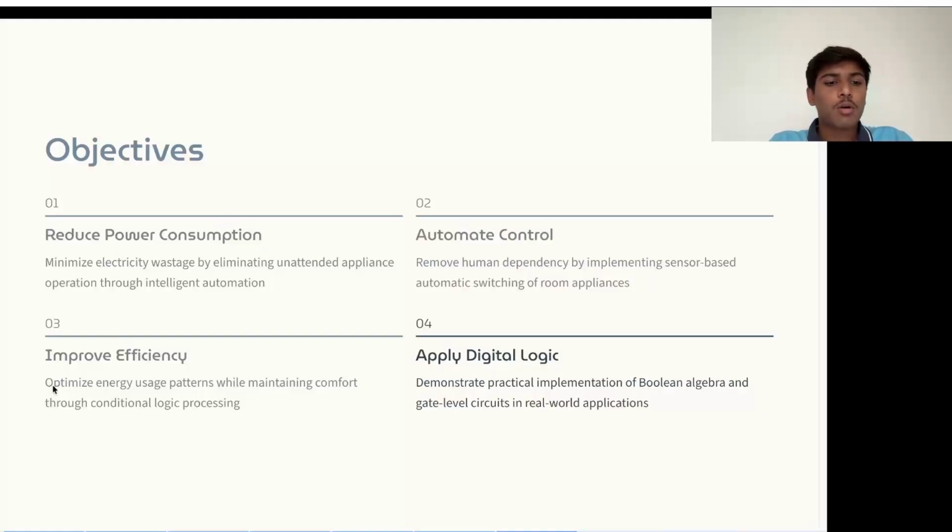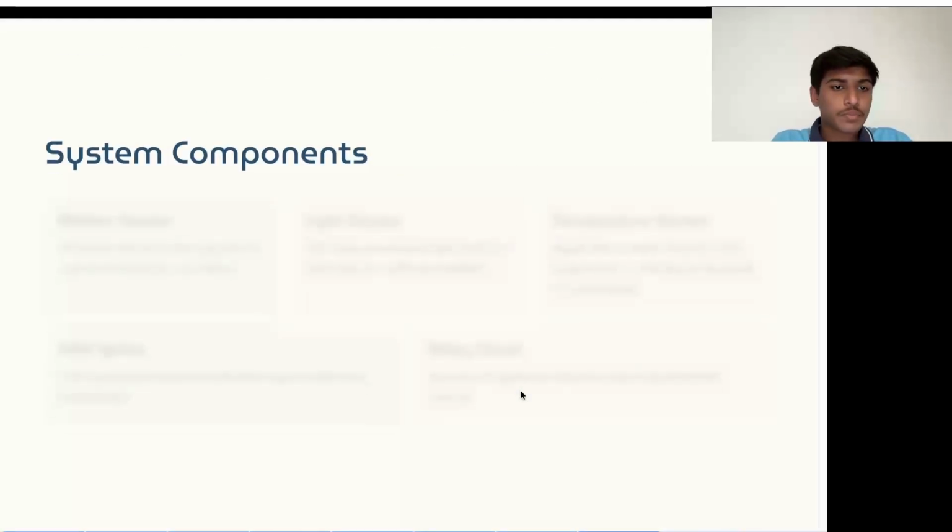Improve efficiency: optimize energy usage patterns while maintaining comfort through conditional logic processing. And apply digital logic: demonstrate the practical implementation of Boolean algebra and digital gate level circuits in real world applications, that we all know.